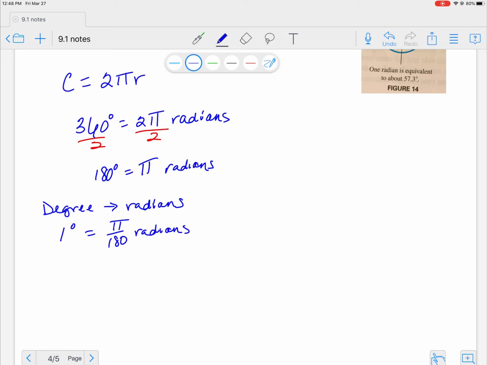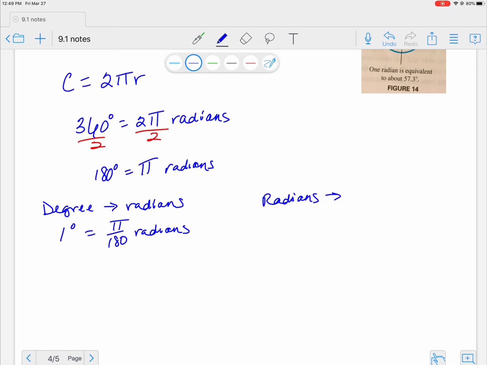So if I want to figure out per degree, 1 degree is equal to pi over 180 radians. Do you see that? All we've done is divide this by 180, divide this by 180. So pi over 180 leaves me with that 1.